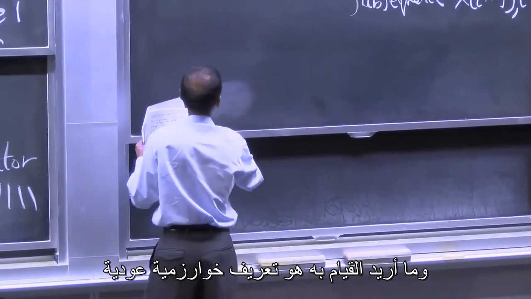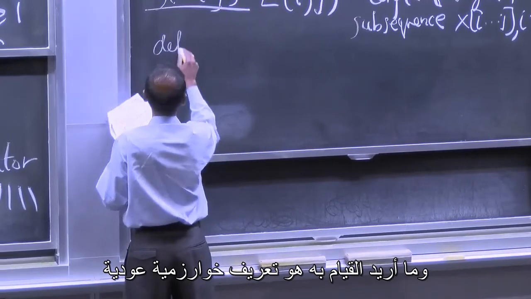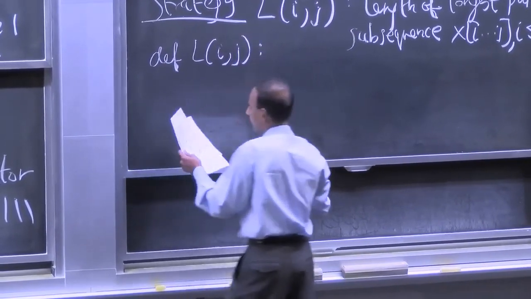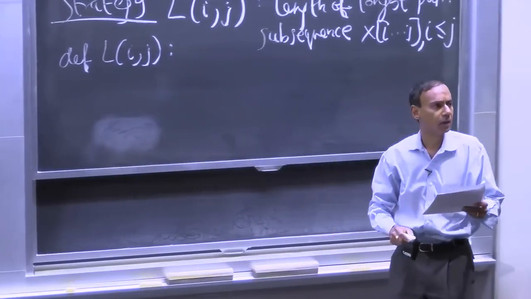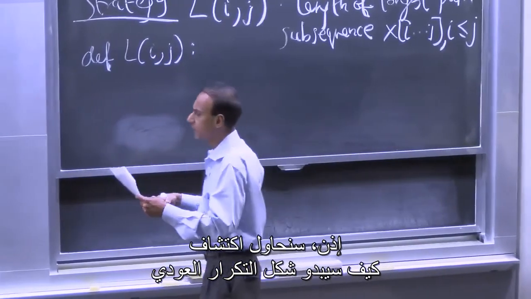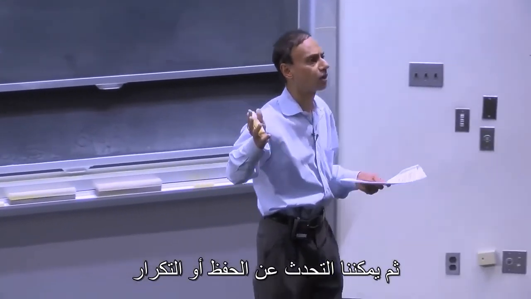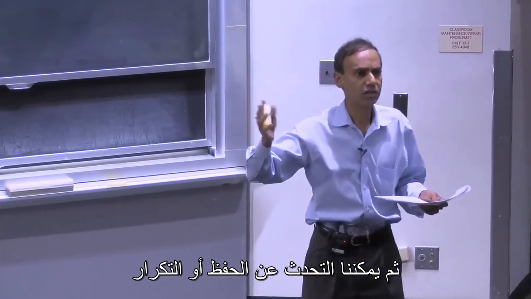And what I want to do is define a recursive algorithm that computes L(i,j). So we'll just try and figure out what the recurrence looks like, and then we can talk about memoization or iteration.